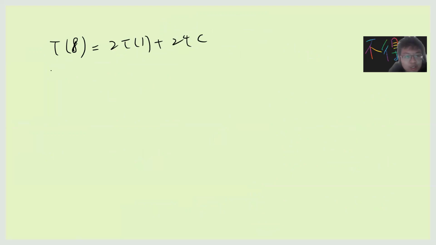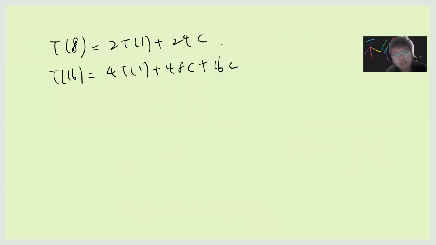Then you can check that T of 16 is just times 2, so 16 times T of 1 plus 64C. I think up to now you can easily see the pattern, and you can check it by yourself.